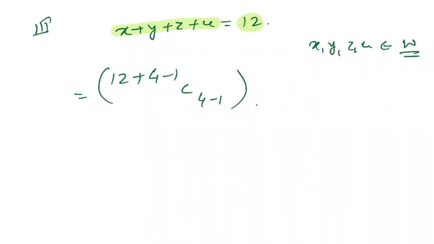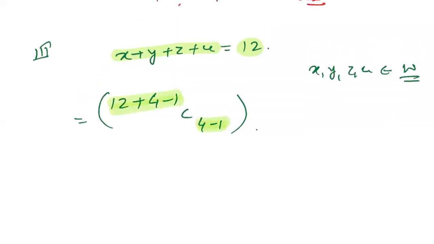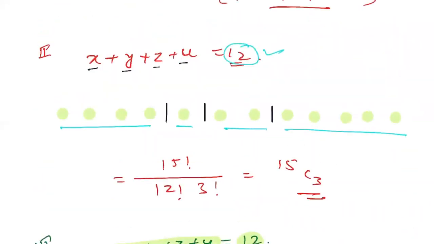Right, I guess all the methods are clear. The third is, directly you have to write down the answer. So this is 12 plus 4 minus 1, C, 4 minus 1. This is the separation method.